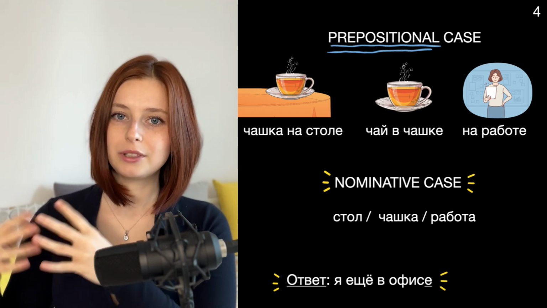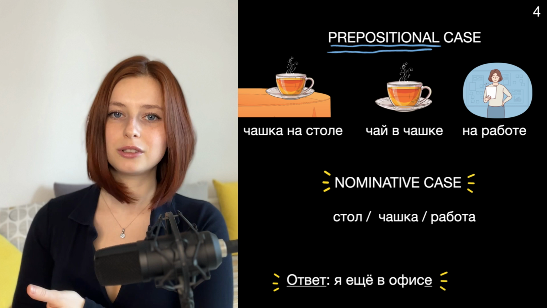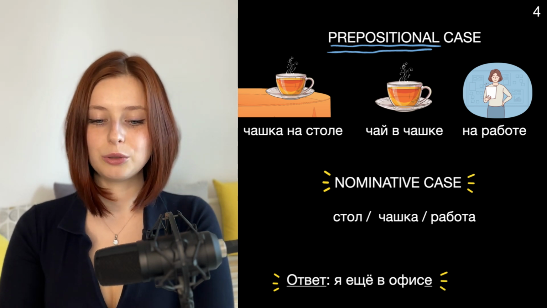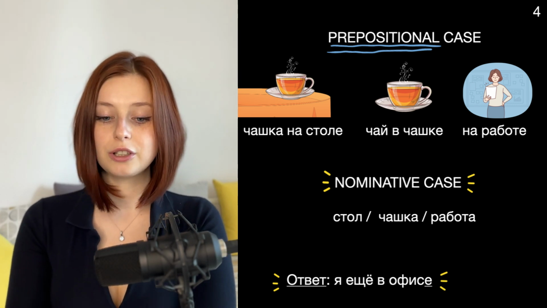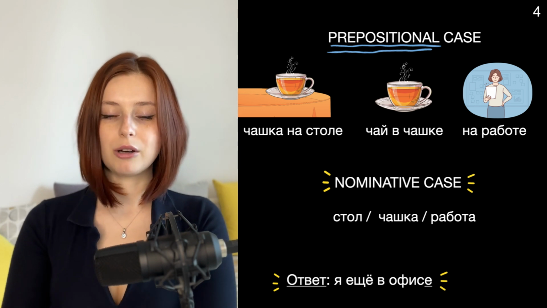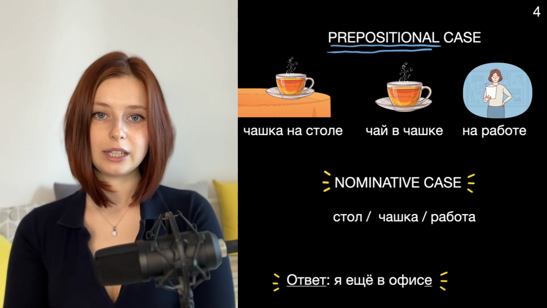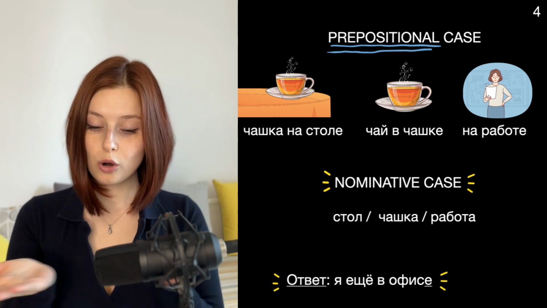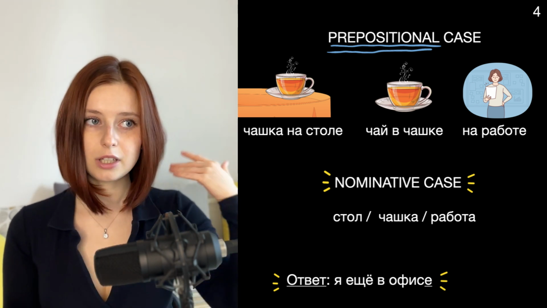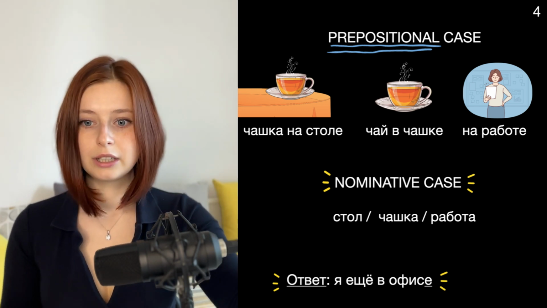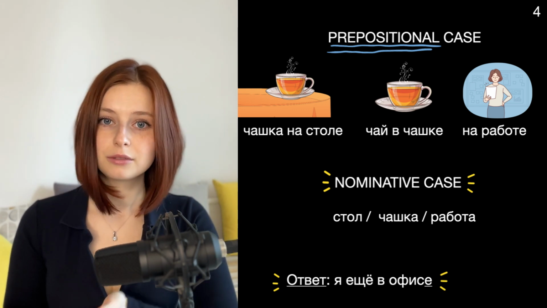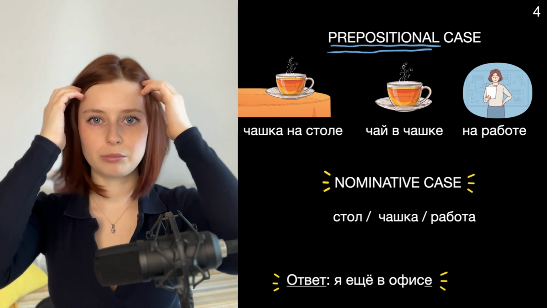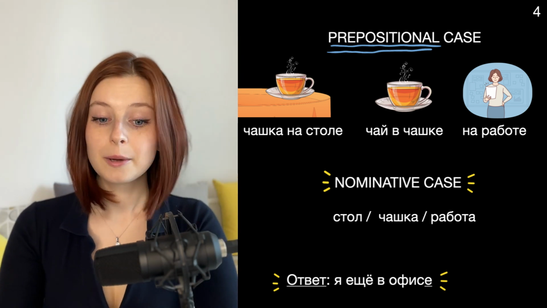Prepositional case is probably the easiest case out of all. And you can see prepositional when we talk about location. You know, in the office, at home, on the table, on the wall, in the cup. It is all prepositional case.